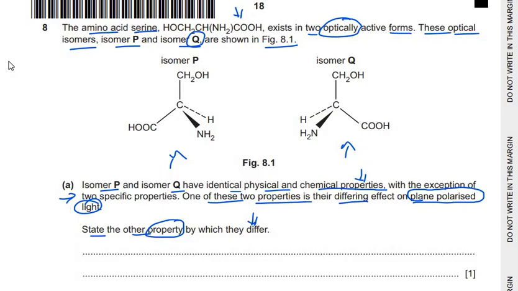Now we know that the amino acids inside any living being are reaction specific, that is, they react in a specific way only. So if they are optical isomers, the isomers are different, and their biological specificity, or the reaction, will also be different.